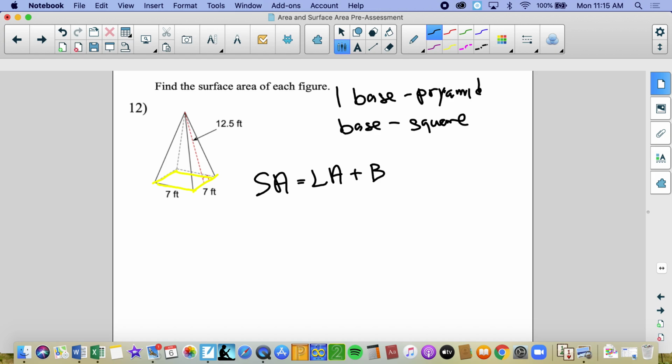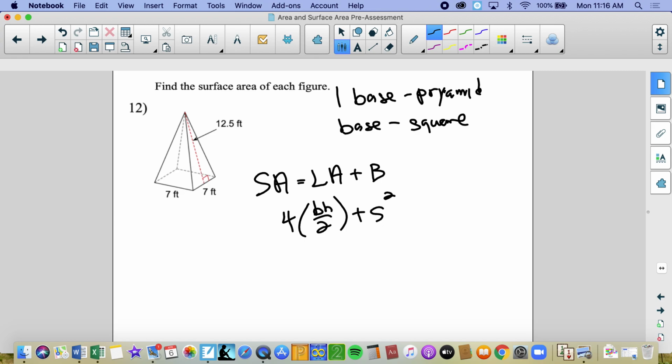So lateral area is going to be 4 times. Now let's think about the shape of that face on the lateral area. It's a triangle. So it's base times height divided by 2. And then my base shape is a square. So let's talk about the lateral area. We have 4 times the quantity, base times height divided by 2.